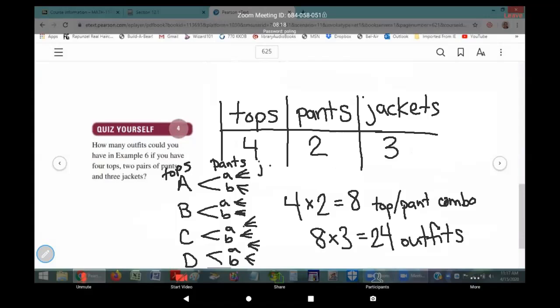Now, we're getting to the point where all we have to do is imagine the number of branches in the tree diagram, because from the 4 tops we knew to draw 4 choices, and from the 2 pants we knew to give each of our 4 top choices 2 pant choices, and so on and so on. And these trees get big fast, and so we prefer just to visualize them.